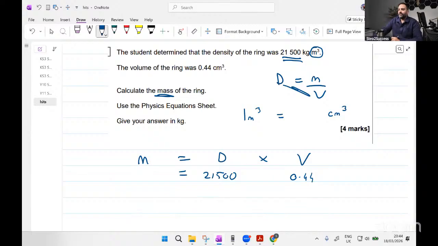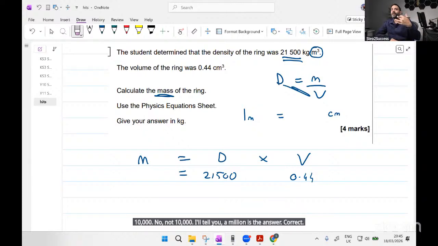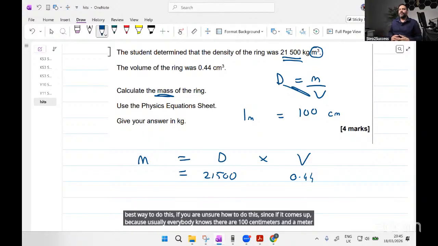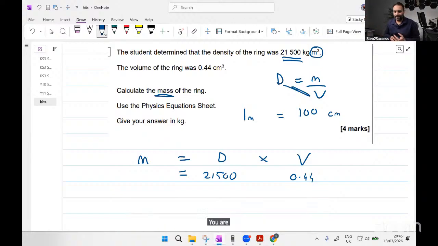A million is the answer. So the best way to do this, if you are unsure how to do this, since if it comes up, because usually everybody knows there are 100 centimeters in a meter, right? We all know this. But generally, if I then say to you how many centimeters squared are in a meter squared, or how many centimeters cubed are in a meter cubed, you are less confident with that answer.